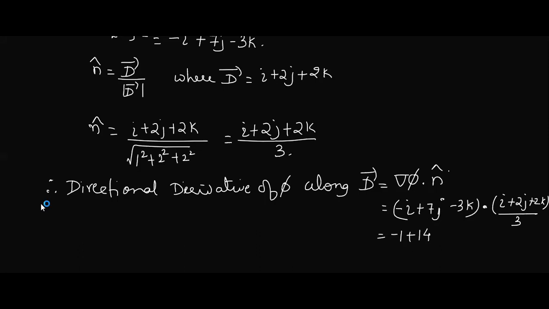Minus 3 into plus 2 is minus 6. All divided by 3. So 14 minus 7, the answer is 7 by 3. Tell me, is it a scalar or a vector?